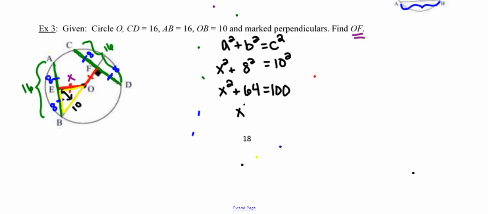So now my x squared is equal to 36, and my x is either positive or negative 6, but again, keeping in mind that x represents the length of a segment, it's going to have to be positive 6. So OE, if I look at what x represents in the picture, is going to have to be 6, but notice that OF has that same length, also equal to 6.